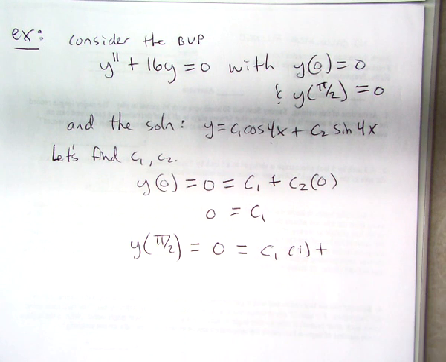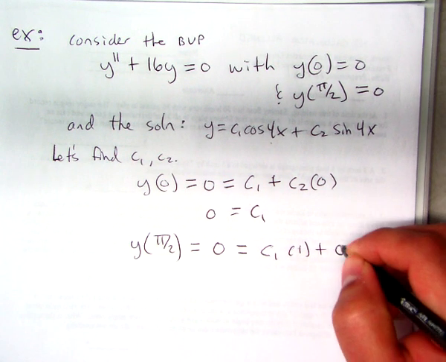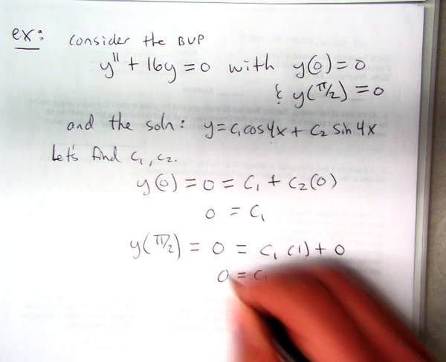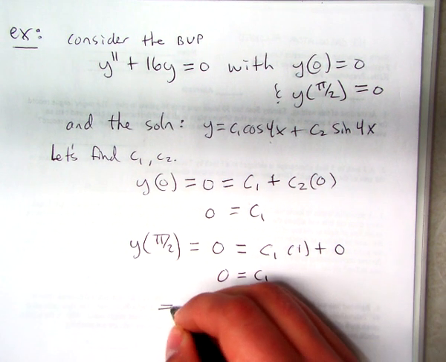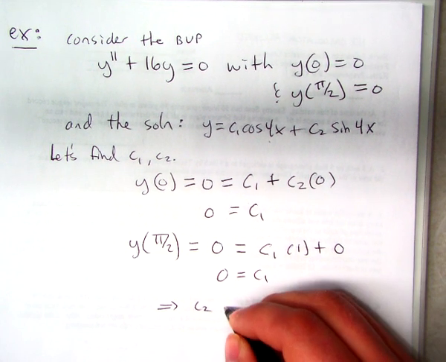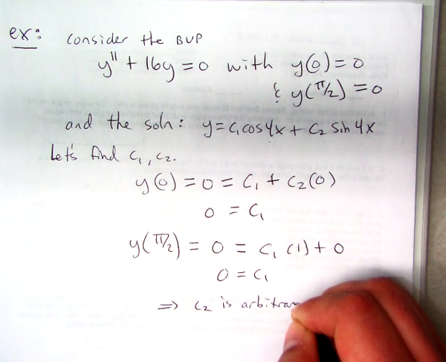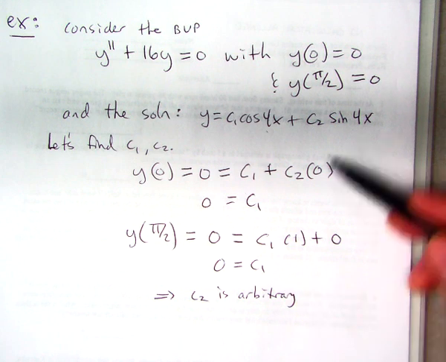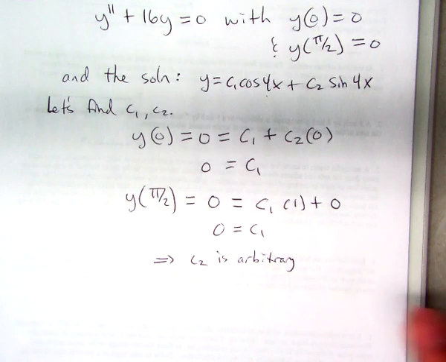If I plug in pi over 2 in here, sine of 2 pi is 0. So again, we confirm that C1 is 0. So what does this mean? Yes. It means that C2 is completely arbitrary. The only thing that we need is that C1 has to be 0 in this case, but C2 can really be anything.